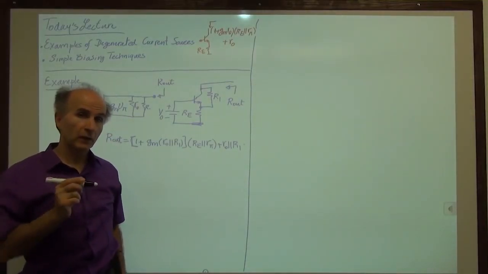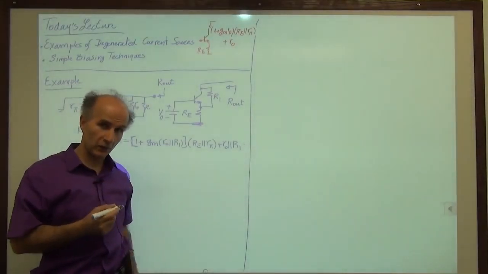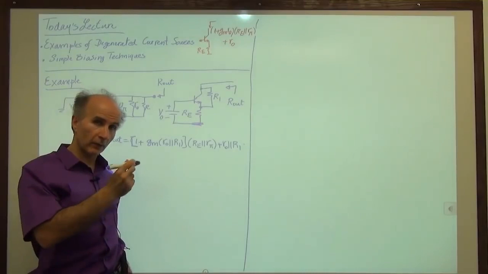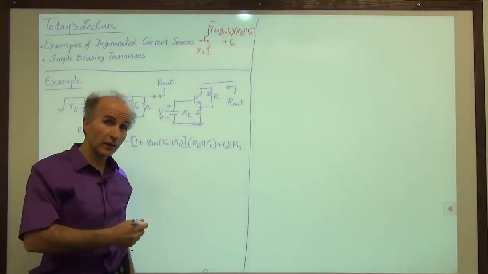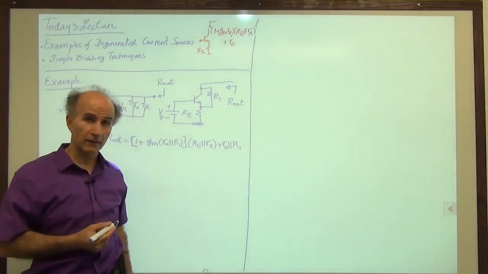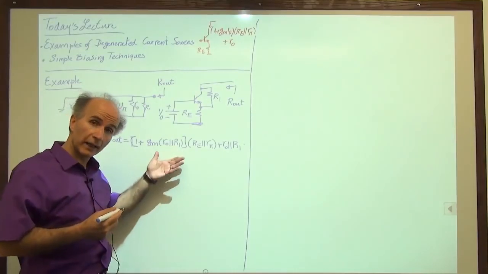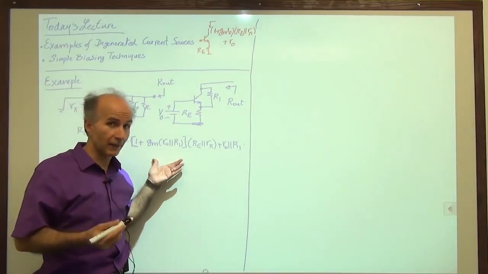So a critical point in analyzing electronic circuits is to be able to use our previous results and not have to draw the equivalent circuit again and write equations again, to the extent that we can. Not only does it save us time, it also gives us additional insight.